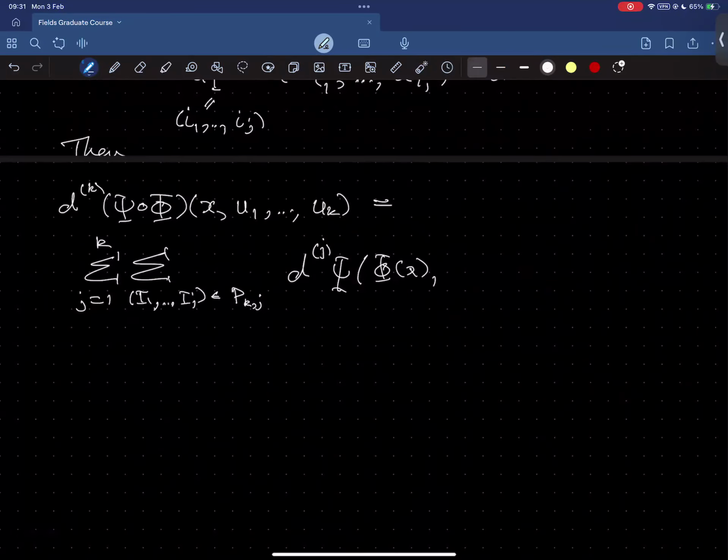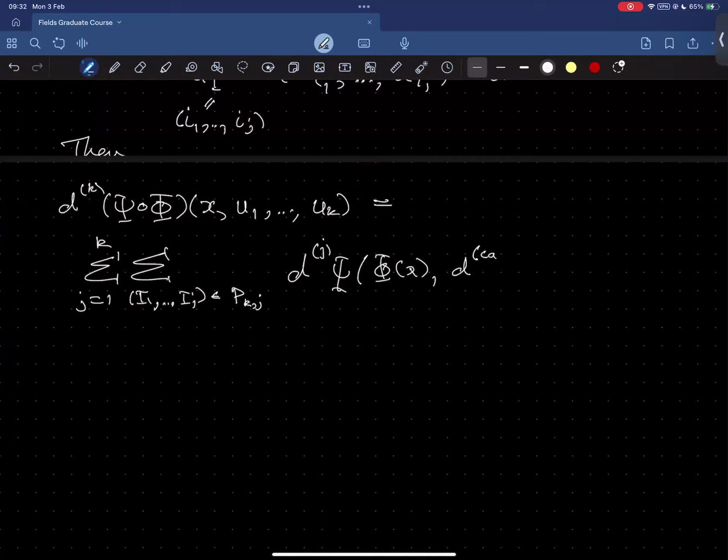Now we're going to differentiate phi a certain number of times, and the number of times is going to be the number of elements in I_1. It doesn't necessarily have to do exactly with what I_1 looks like, but the number of elements in I_1.